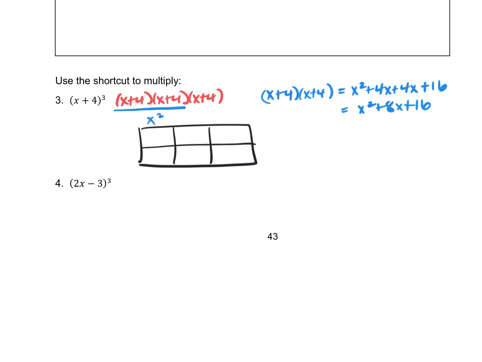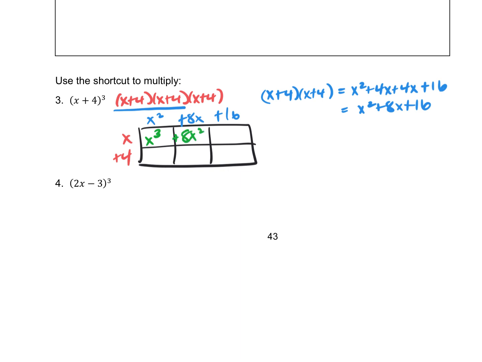So x squared plus 8x plus 16. Do we have to do the box? X plus 4. If you like to just do the distribution method, that's perfectly fine. You do not have to do the box. So I have x squared times x, which is x to the 3rd. And then 8x times x, so 8x squared.